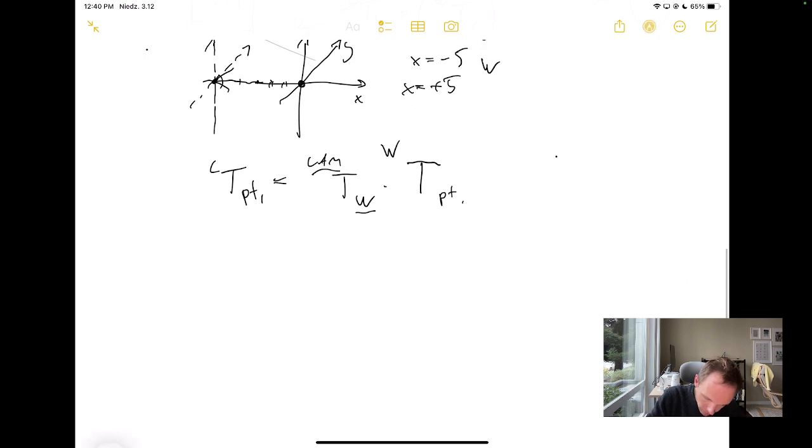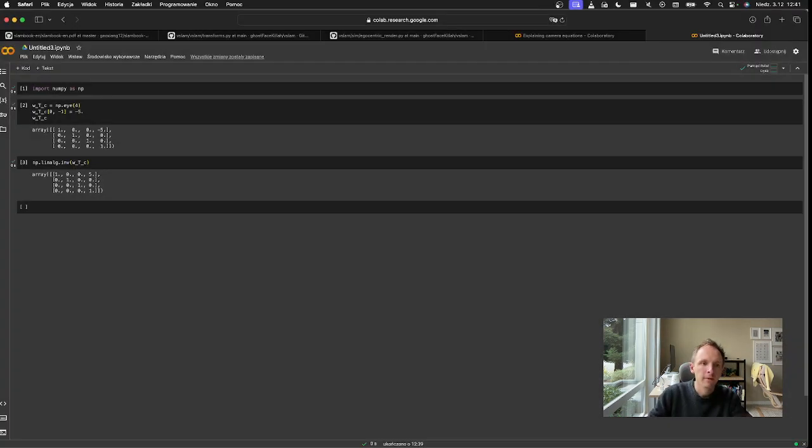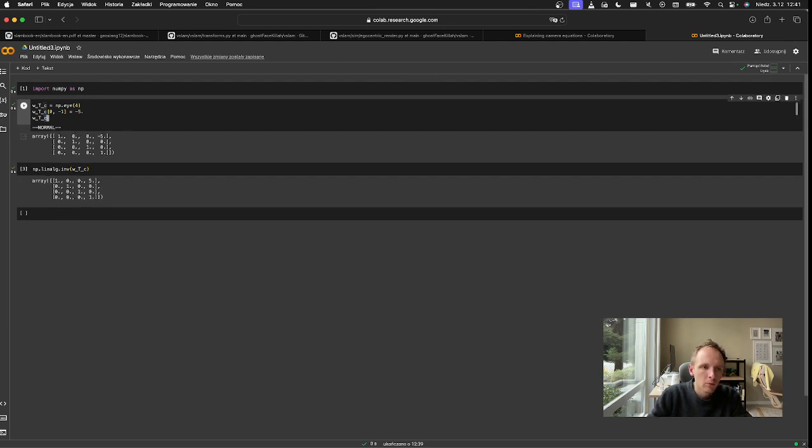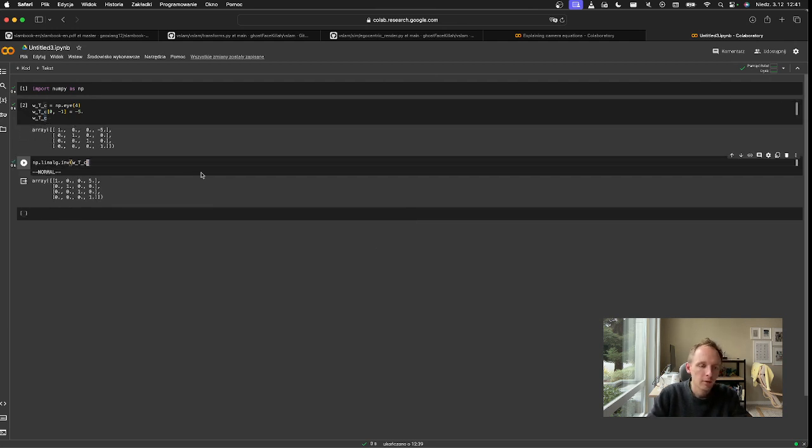Number 2 is from camera to flip. And actually, let's compute this real quick in the computer. Here's my mouse.